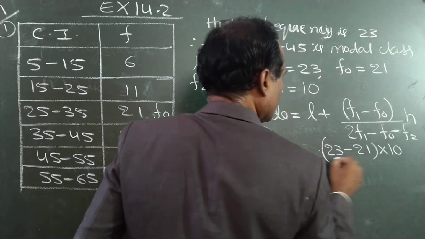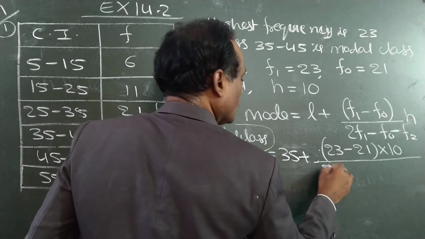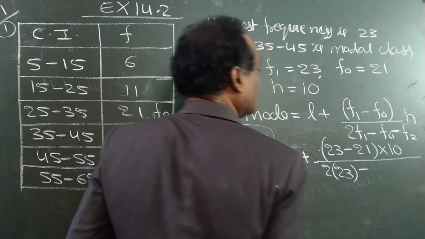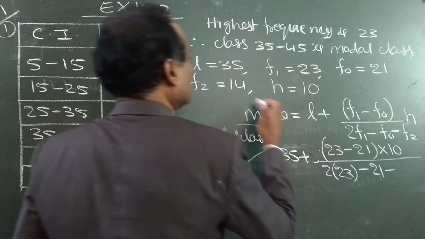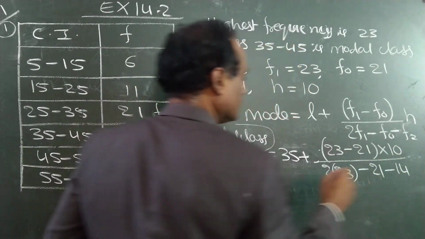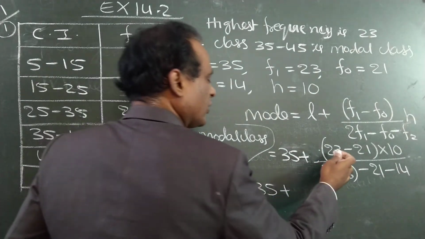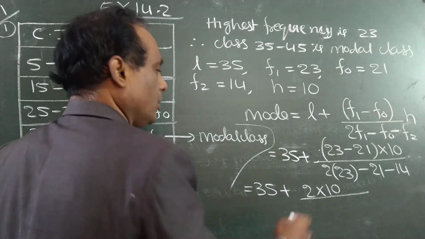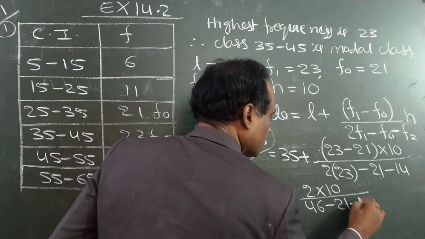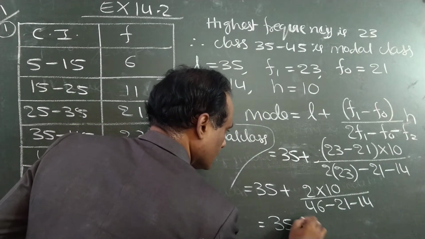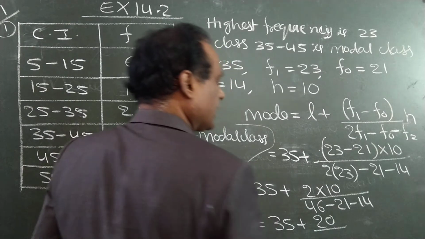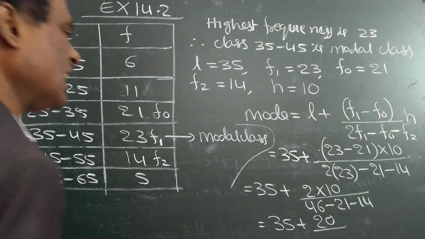H is 10. 2 into F1, that is 23, F0 is 21, F2 is 14. (23 minus 21) is 2, into 10, by 46 minus 21 minus 14, that is 11. Just check it.